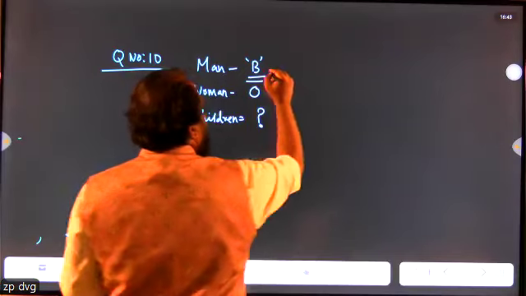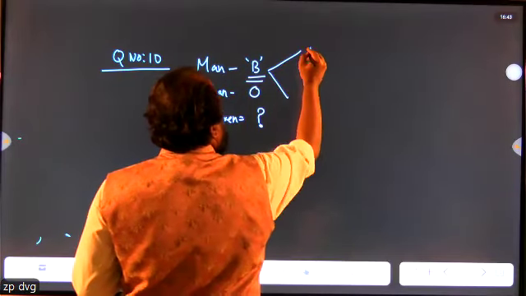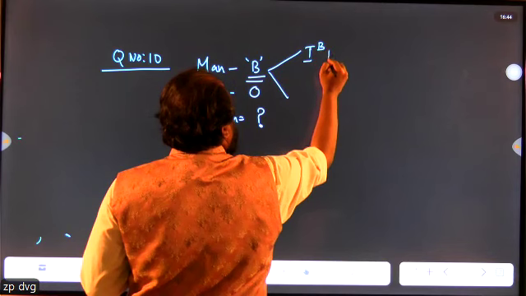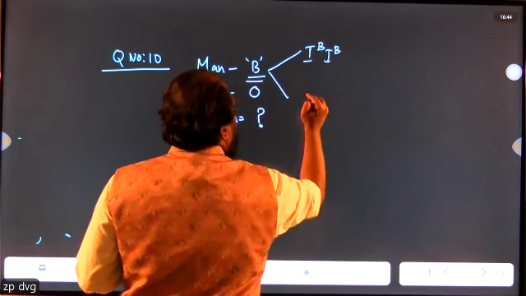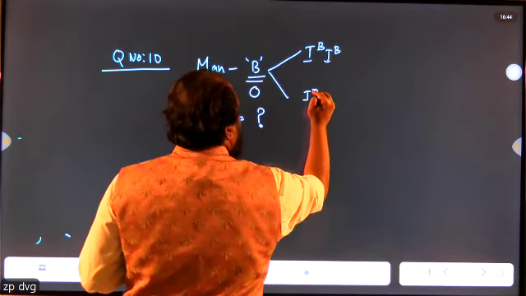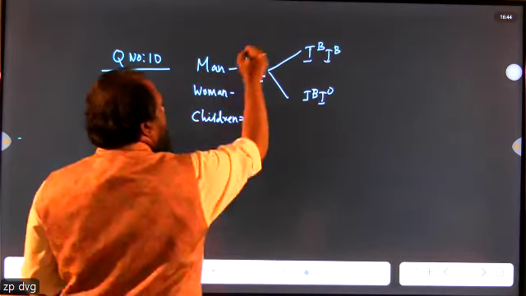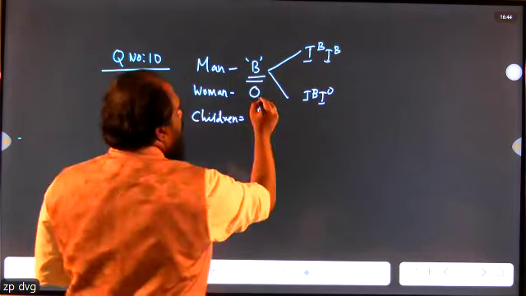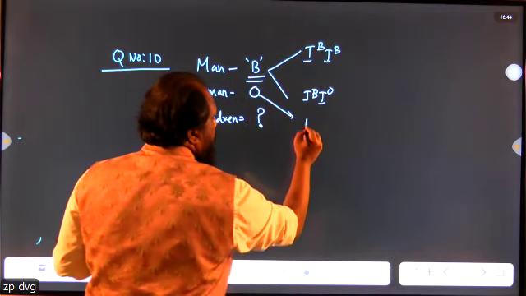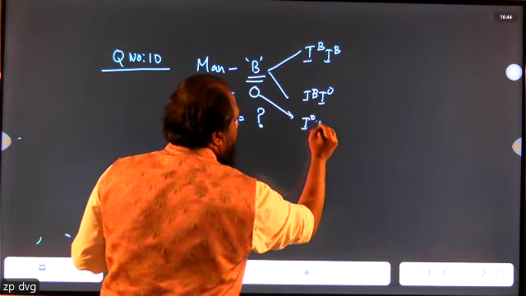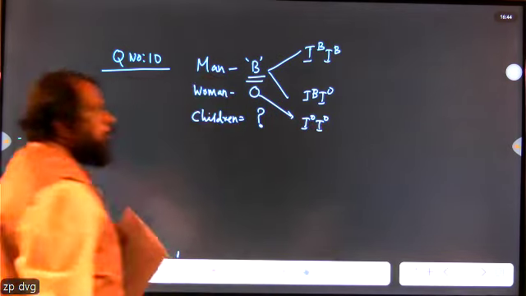B is dominant. So what are the two conditions? It may be IBIB or it may be IBIO. In both situations, the man will be B blood group. Woman, O is recessive, means the only genotype for recessive is homozygous condition IOIO.